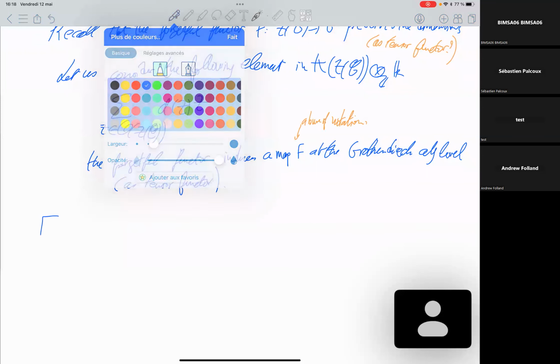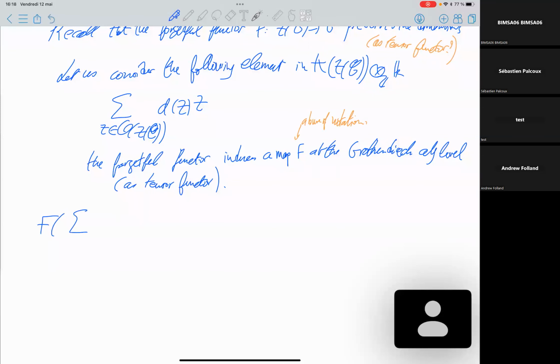So the sum of dz over simple objects of the center. It is induced by a tensor functor on the Grothendieck algebra, so everything is okay.